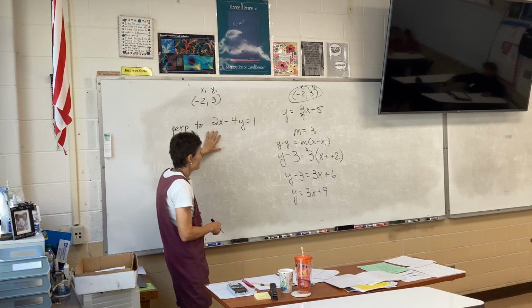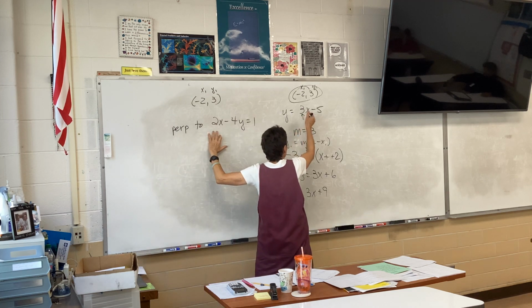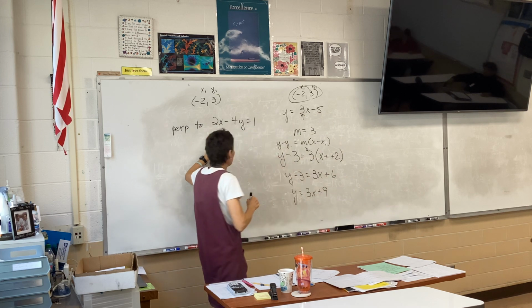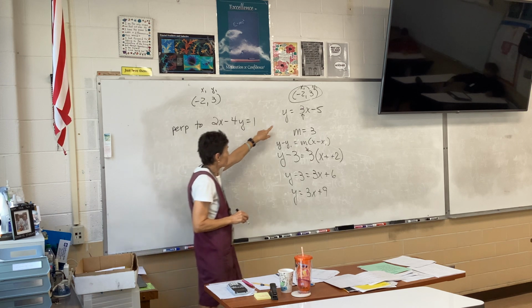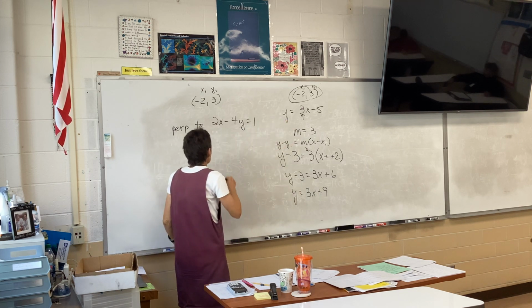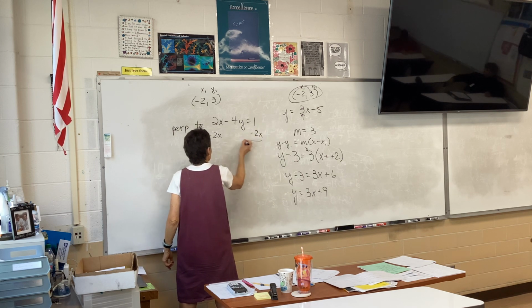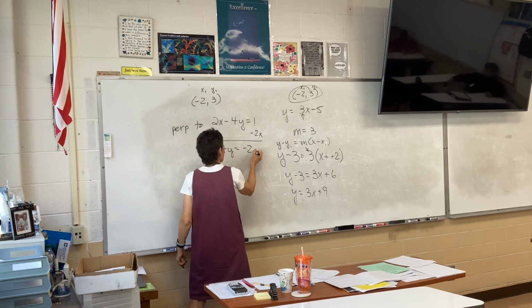But how do I find the slope of this line? It was easy on this one. y equals mx plus b, that's m right there. How am I going to do that for this equation? Isolate the y. I got to get y by itself, just like it was here. So maybe I'll subtract 2x. So negative 4y is negative 2x plus 1.